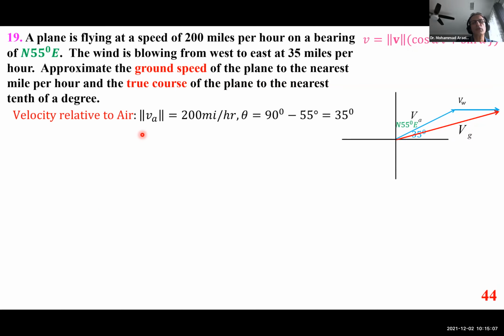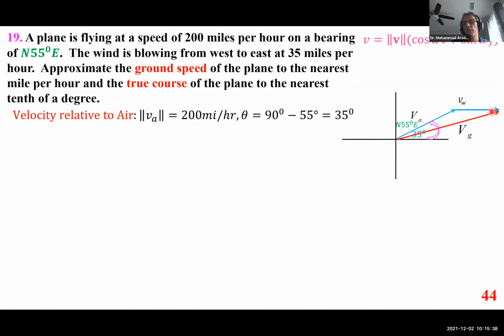So the velocity relative to air, we are doing 200 miles per hour, and theta, remember, the angle is with respect to the positive side of the x-axis. If this is 55, this is 35 degrees. North 55 degrees east means this angle is 35 degrees. What about the wind?